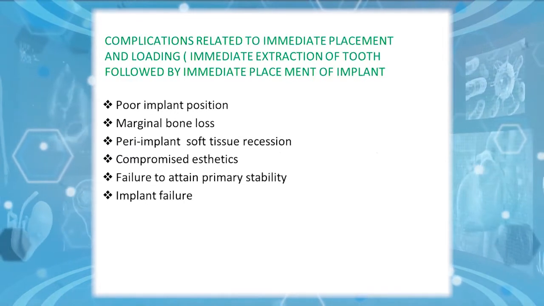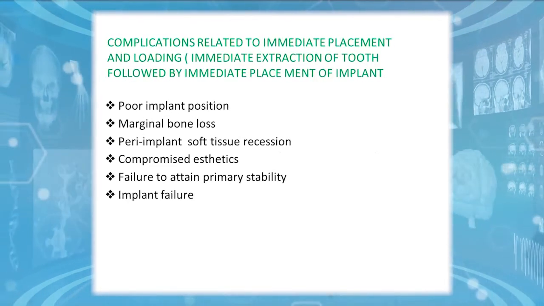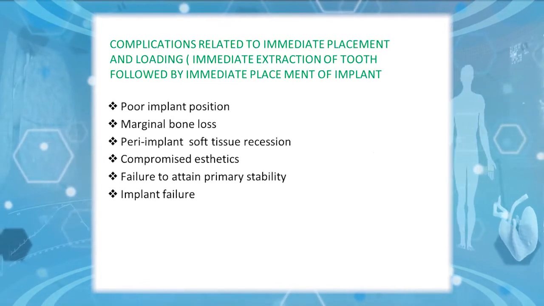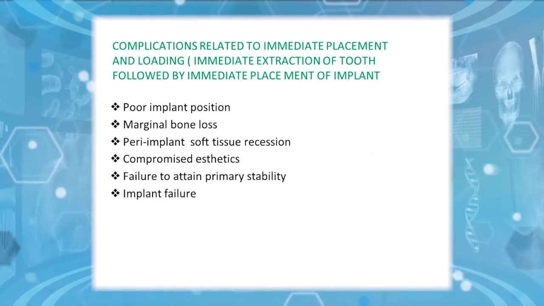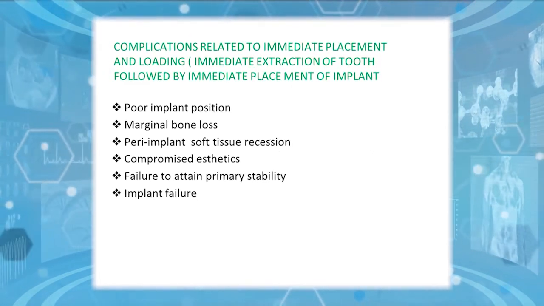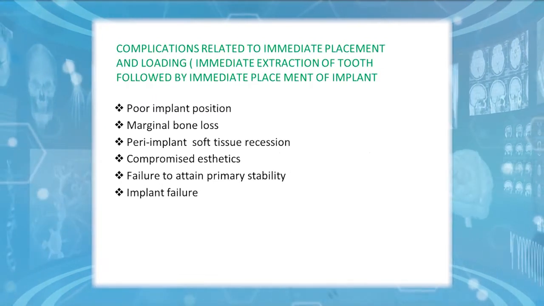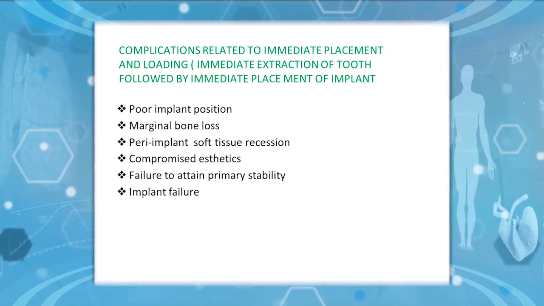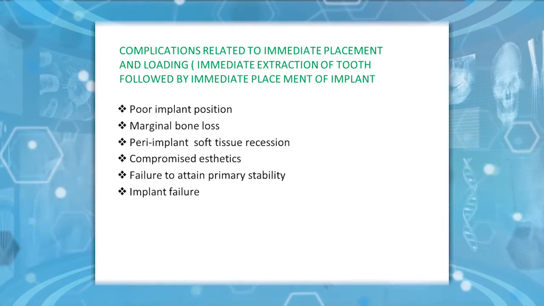What are the complications related to immediate placement and loading? When we say immediate placement, you do an extraction and then immediately place an implant. Among the complications, we have poor implant position, marginal bone loss, peri-implant soft tissue recession, compromised aesthetics, and failure to attain primary stability, which may lead to implant failure.